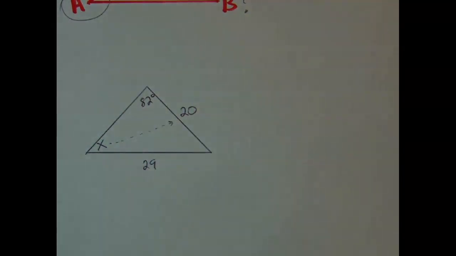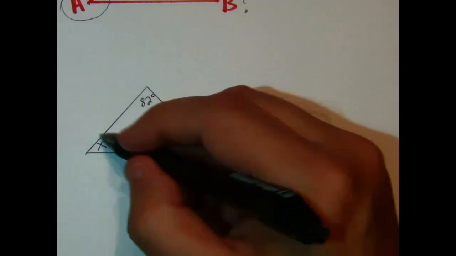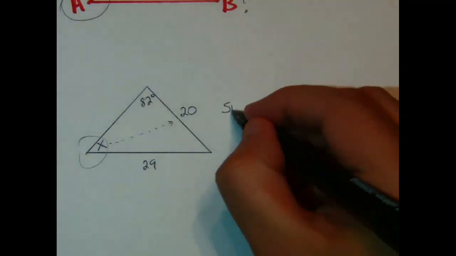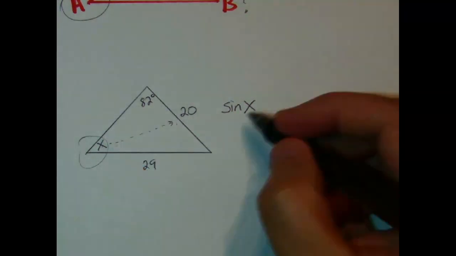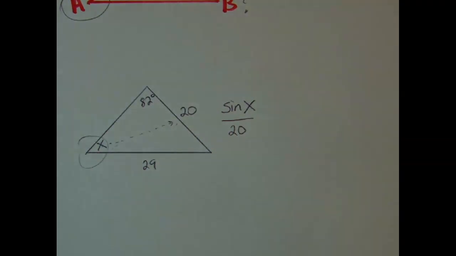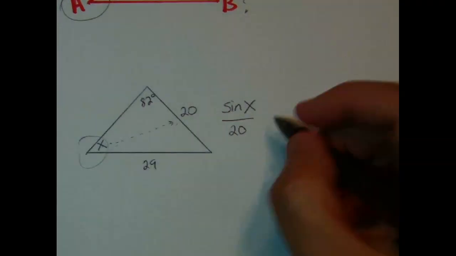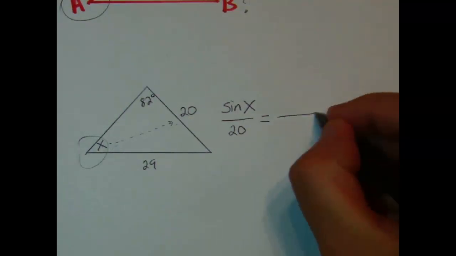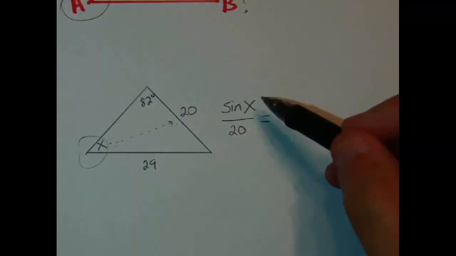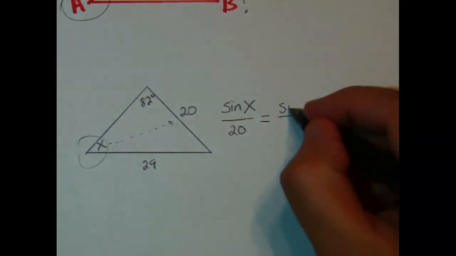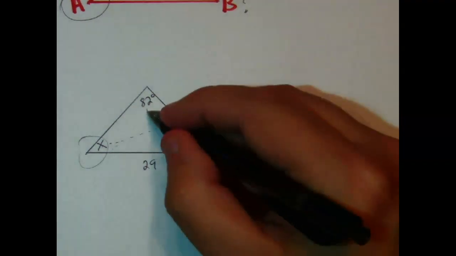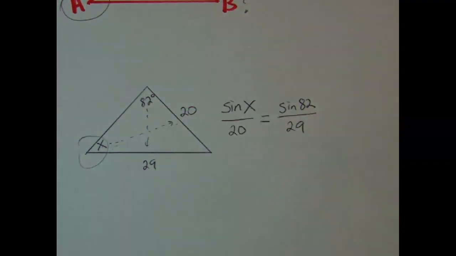We're going to set up our proportion just like we did in last week's lesson using the law of sines. I have this missing angle, which we'll call the sine of X, because I don't know what X is, is to 20, since it's corresponding to 20. This is equal to our other ratio, where we have the sine of 82 degrees is to 29.